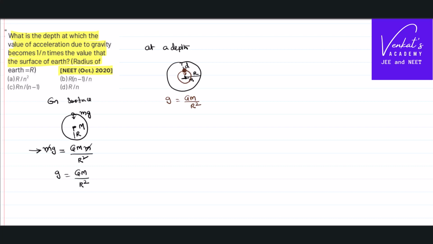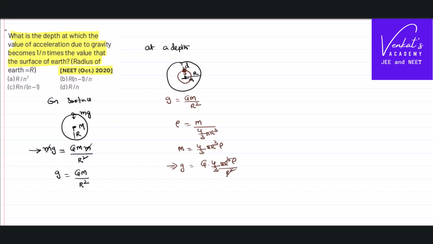I have to convert that into other forms, where I can write density equal to mass by volume. Volume of the spherical earth is 4 by 3 pi R cube. So mass can be written as 4 by 3 pi R cube rho. Then g can be written as G into 4 by 3 pi R cube rho by R square.